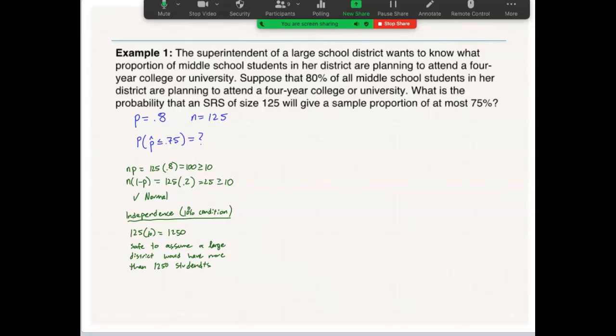And that just, again, allows me to assume that when I am sampling, the individuals that I'm sampling are safe to assume to be independent of each other.